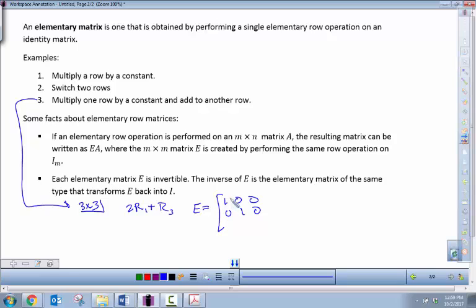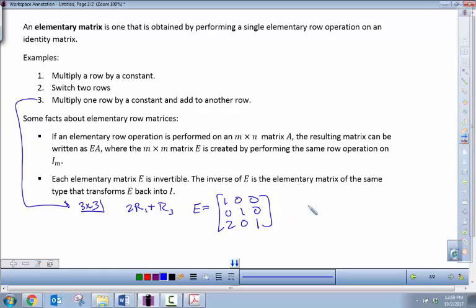So we're multiplying the first row by 2 and adding it to the third row. This would be 2, 0, 1. That's your elementary matrix. And if we do this to an m by n matrix, or 3 by 5, or 3 by 3, or any matrix, then you'll see that that's exactly the row operation that would happen.